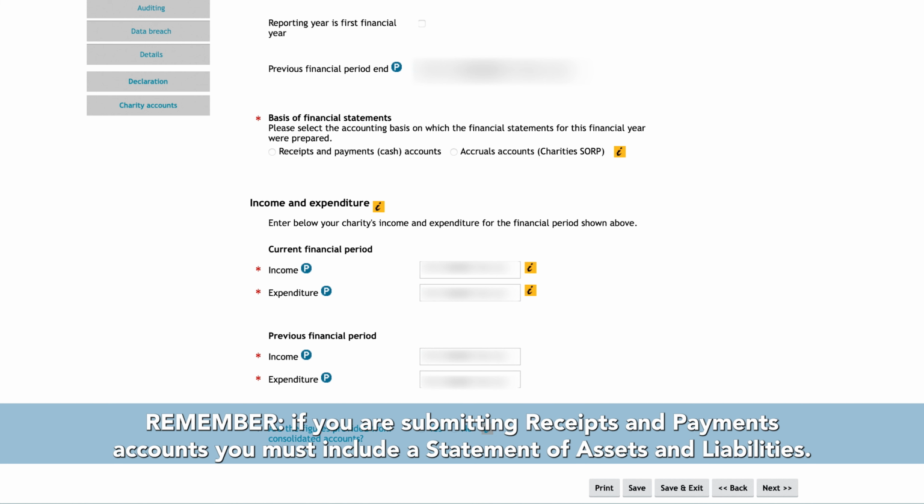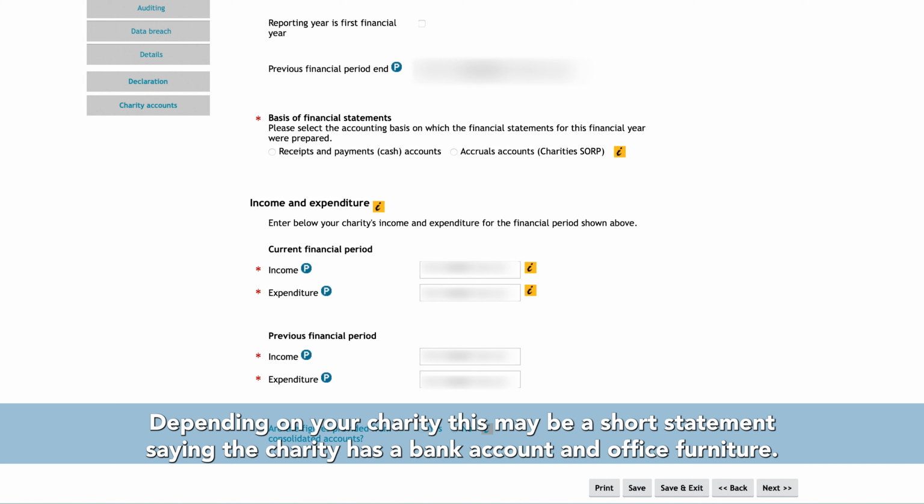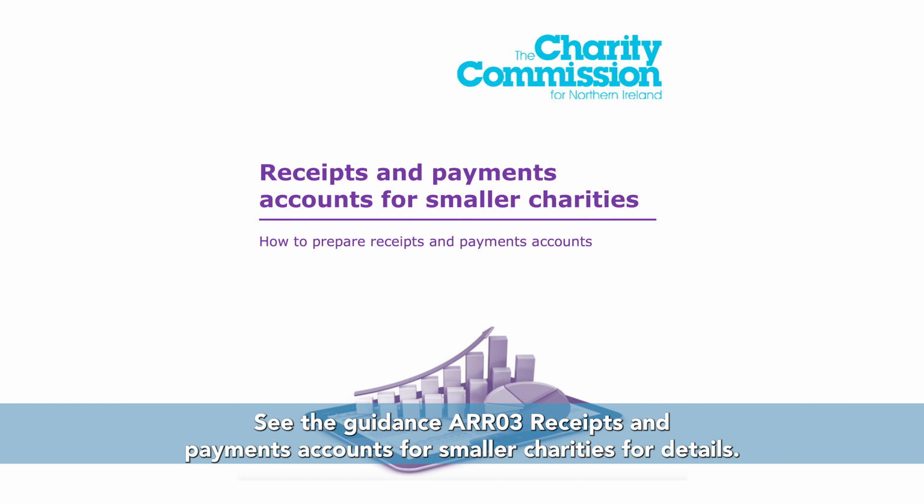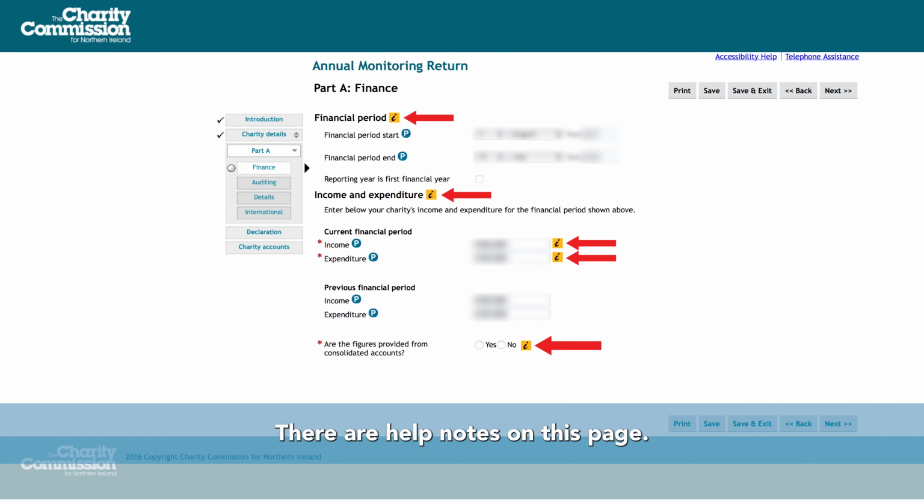Remember, if you are submitting receipts and payments accounts, you must include a statement of assets and liabilities. Depending on your charity, this may be a short statement saying the charity has a bank account and office furniture. See the guidance ARR03, Receipts and Payments Accounts for Smaller Charities, for details. There are help notes on this page.